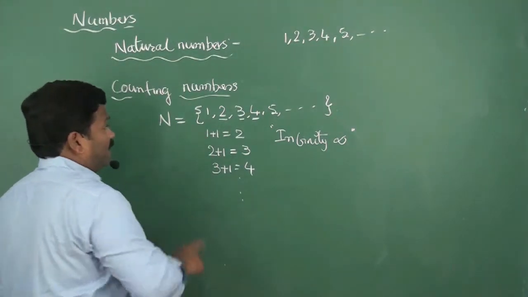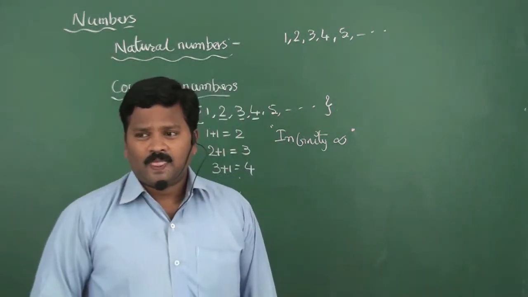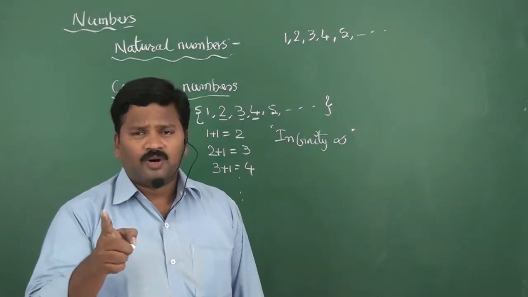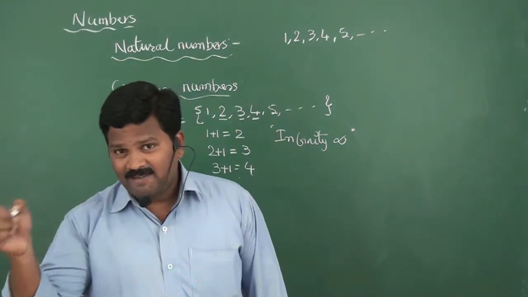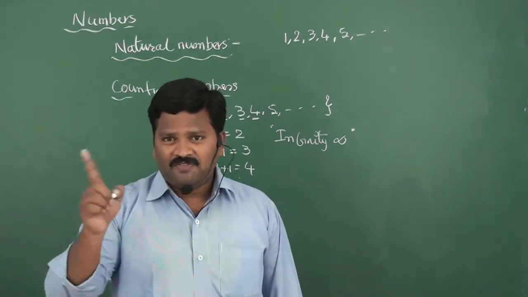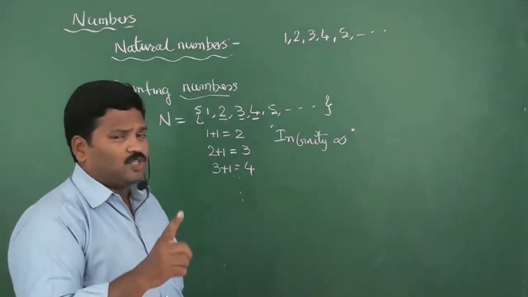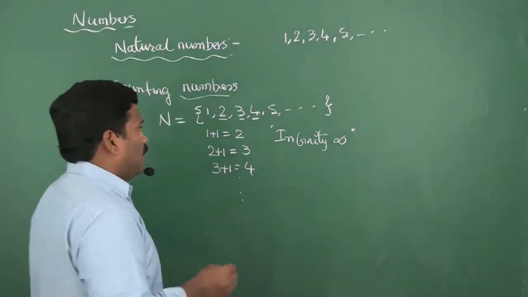And we must learn that every natural number has its successor. You take any natural number, 4: 5 is the successor of 4. You take 10: 11 is the successor of 10. 15: 16 is the successor of 15. If you take any natural number, it definitely has one successor.